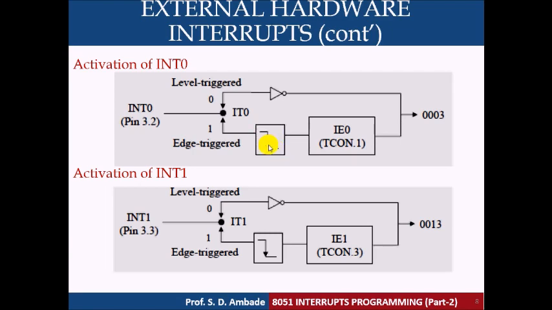See that this is the falling edge of the pulse, and IT0 in the TCON register should be 1 to enable the external interrupt as an edge trigger interrupt, and then it will jump to the vector location 0003H for INT0.